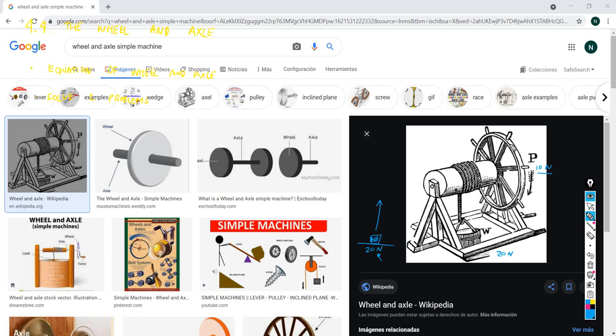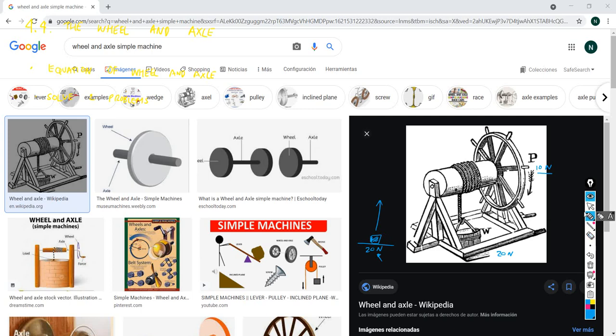You see what I mean? You're going to have to turn this, which is probably going to take a lot of time, and the bucket will raise very slowly because the radius of this axle is less. So that's the disadvantage, if we can call it that way.